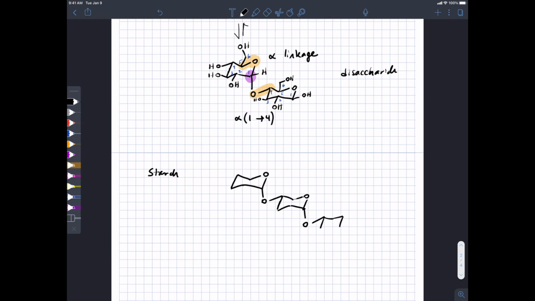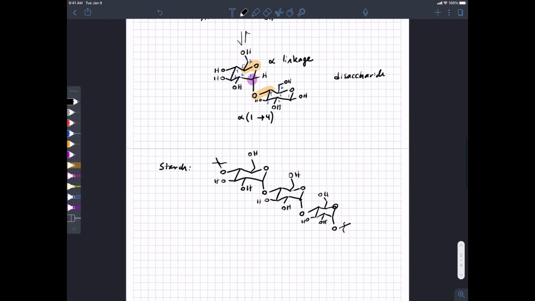And sugars with this kind of shape or linkage tend to adopt spiral sort of structures, so that linkage between each individual carbohydrate gives the carbohydrate a particular shape. I forgot an oxygen there. So that's the structure of starch, or amylose.